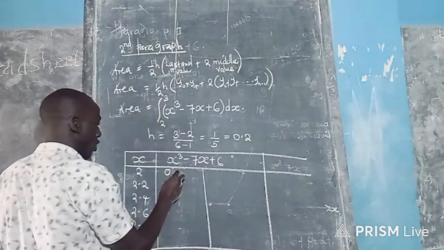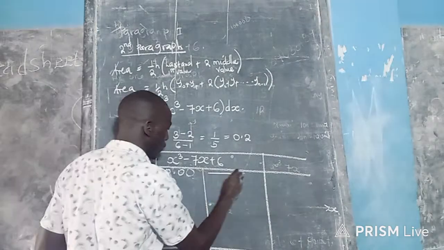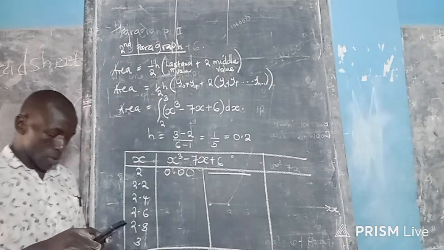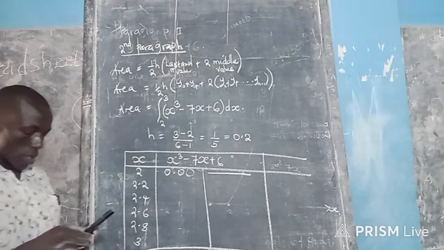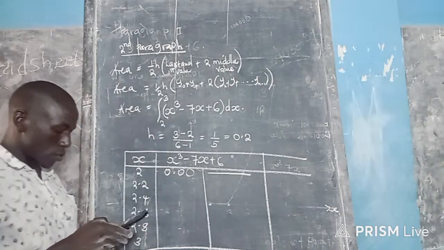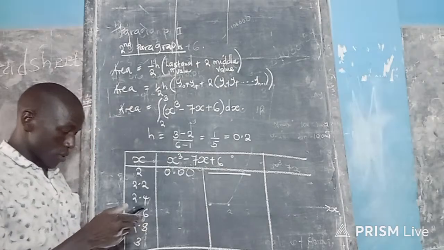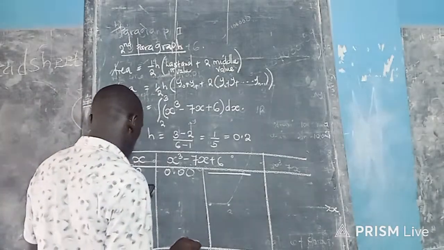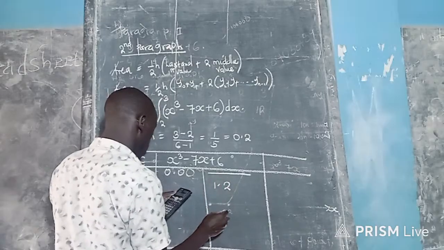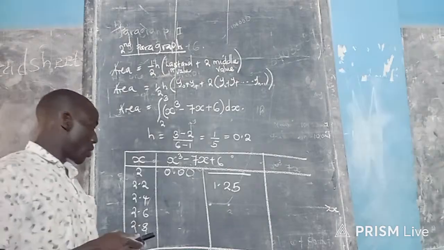So I'm going to use any of my choice. I can use 2 decimal points. The next one is for x equals 2.2. So if you have 2.2 to the power 3 minus 7 of 2.2 plus 6, our answer here is 1.25. Like I said, we are putting it into 2 decimal points.